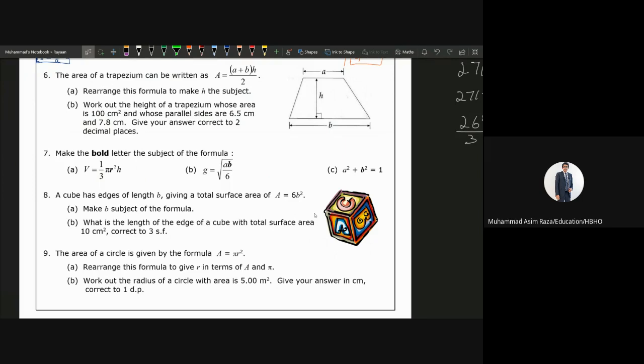You see that the area of the trapezium can be written as A is equal to (a plus b) h over 2. Rearrange the formula to make h the subject of formula.